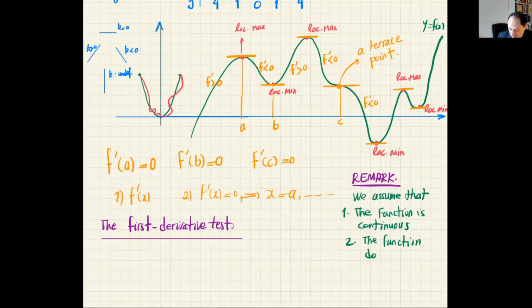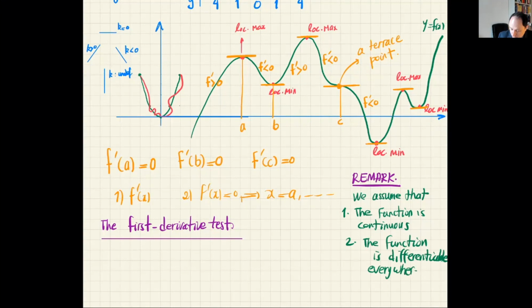Let me write it in this way: the function is differentiable everywhere.